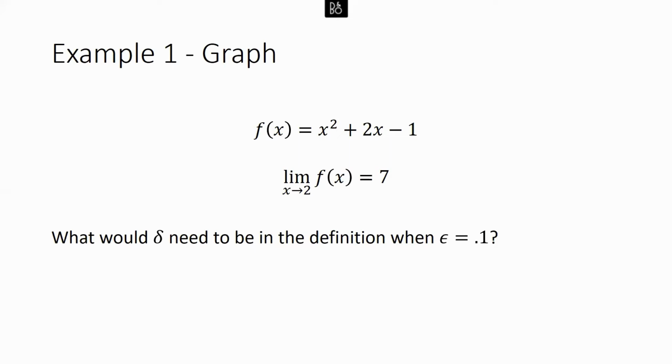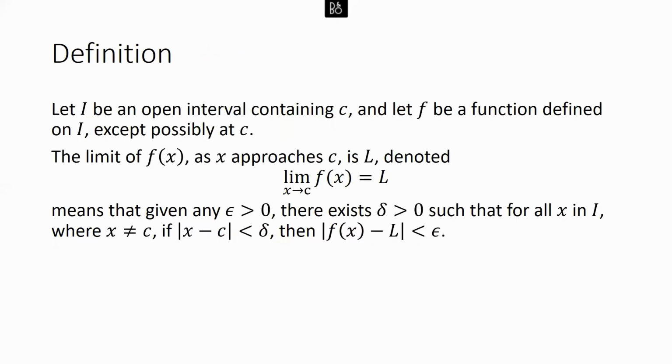So a question would be, what would delta need to be in the definition if we wanted our epsilon to be 0.1? That means all of the outputs are within 0.1 of, well, in our case, the number 7.